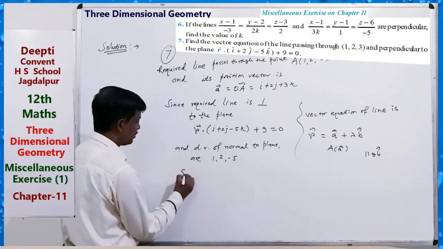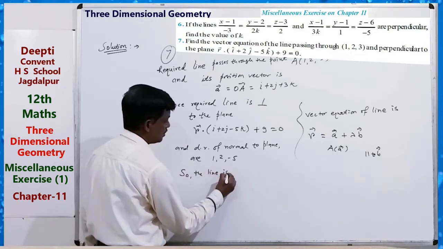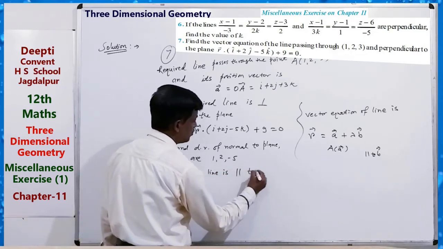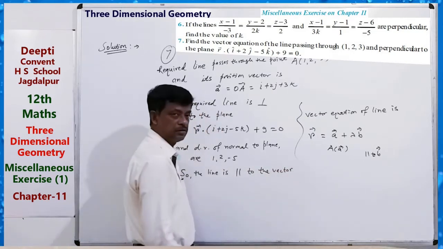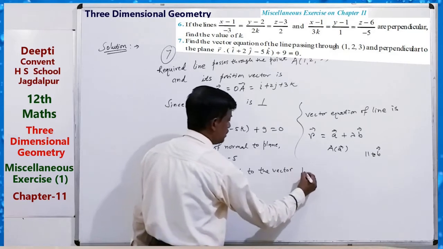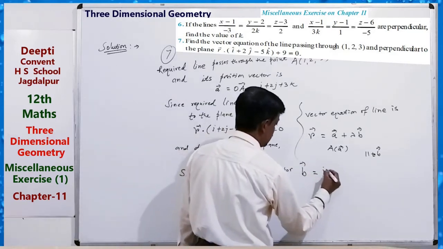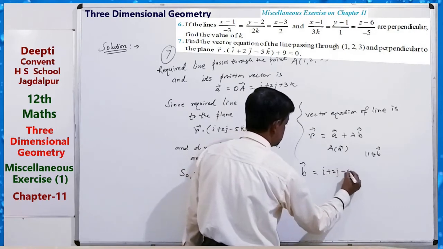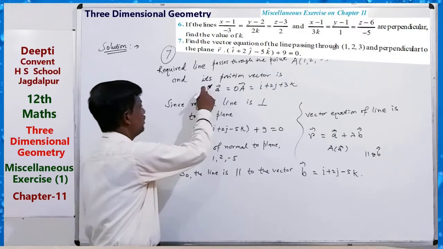So the line is parallel to the vector B equal to i plus 2j minus 5k. So we get the value of A and B.